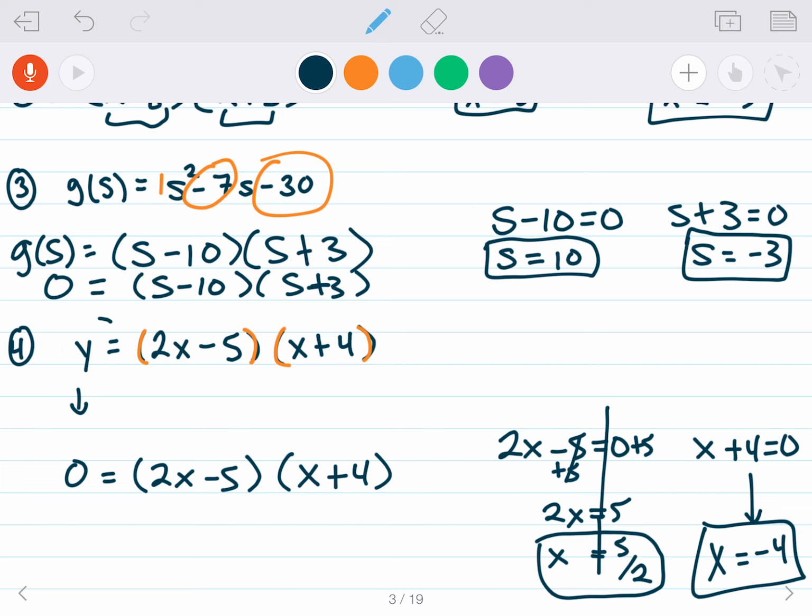And again, we can always plug any of these equations in standard, factored, or vertex form into Desmos to check ourselves. So I want to do that for this last one.